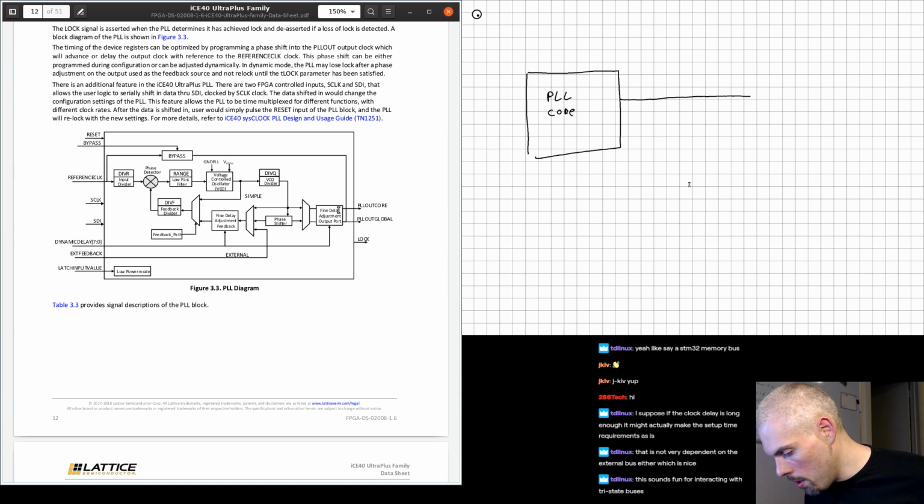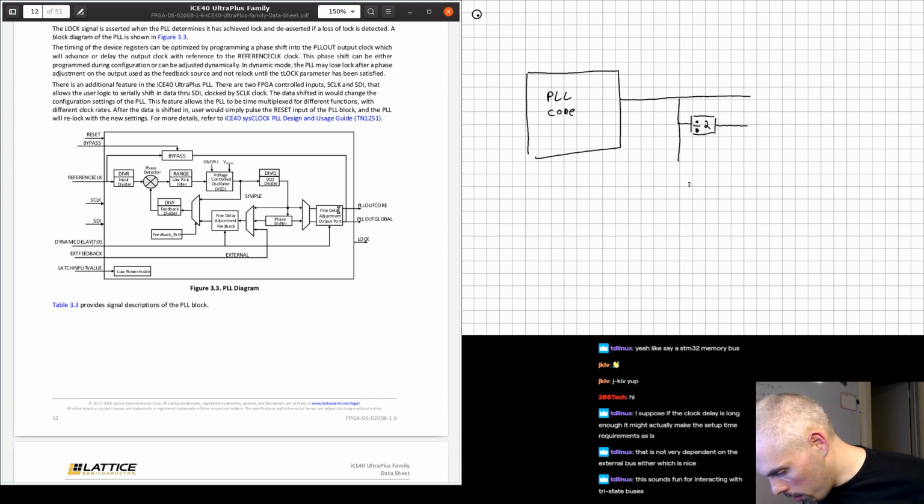Now, that frequency can optionally go through a divide by 2 block.